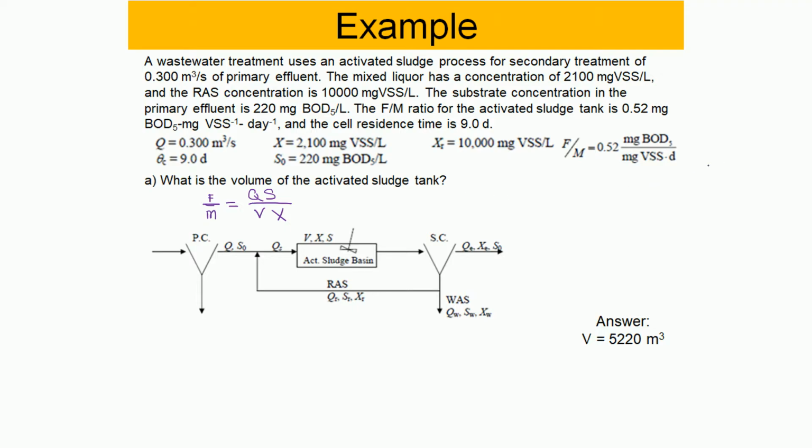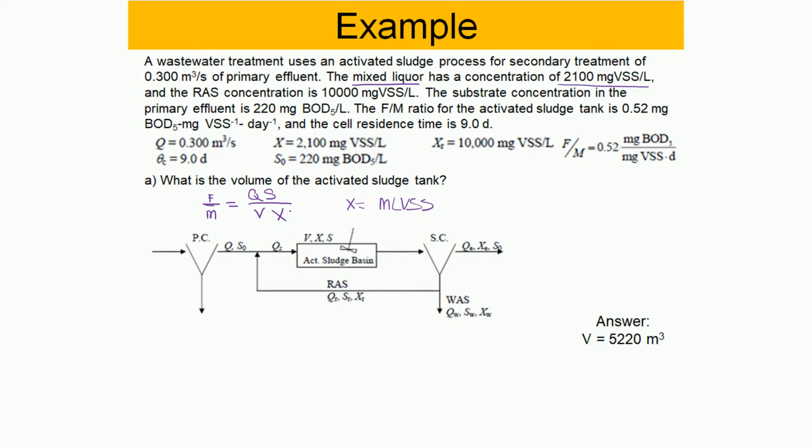And your X is your MLVSS, your mixed liquor volatile suspended solids, and that's given to us right here. We don't have to use the RAS concentration, so don't get those mixed up.